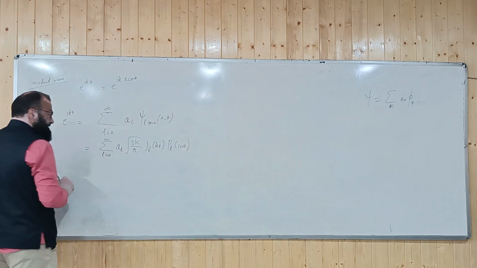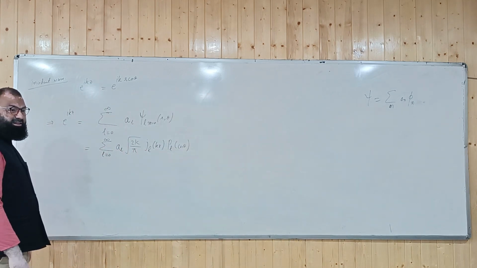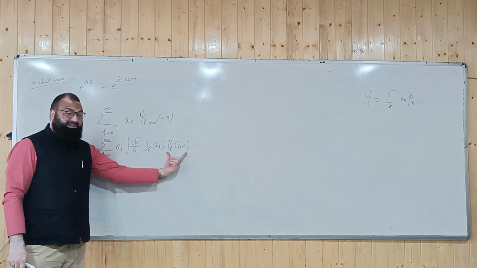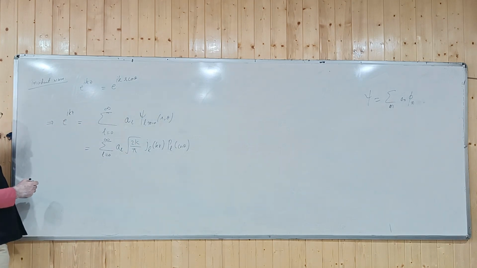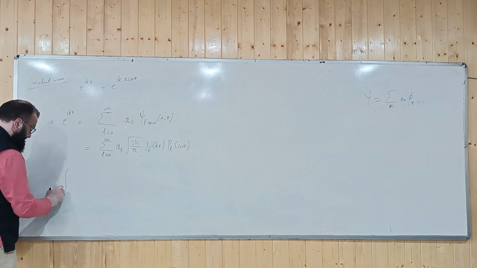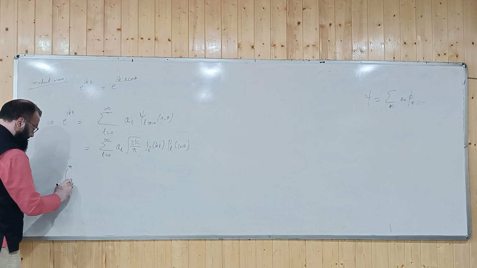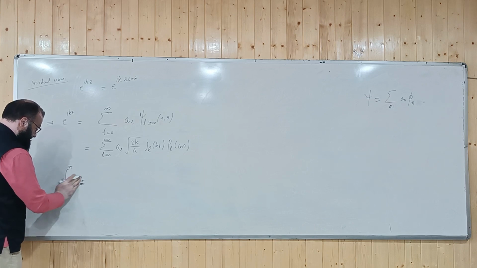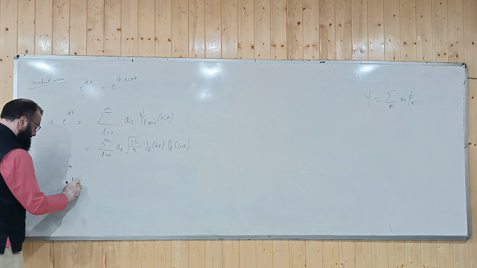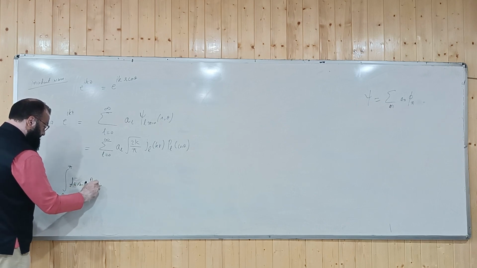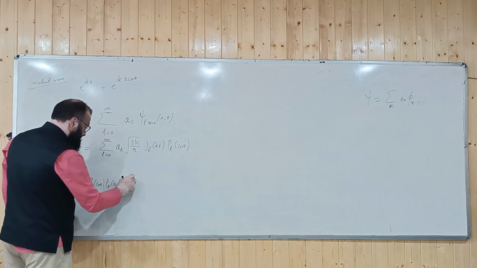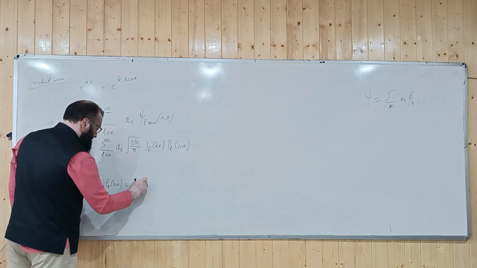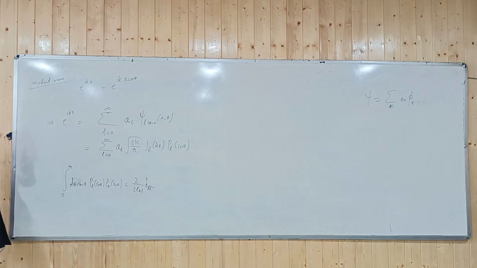So which inner product do you know in this case? You know the orthonormality of the P_L. So what is the condition of orthonormality here? The integral from 0 to pi of sine theta d theta, P_L(cos theta) P_L prime(cos theta), is equal to 2 over 2L plus 1 times delta_L L prime.